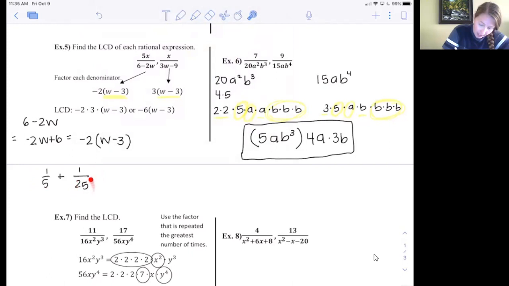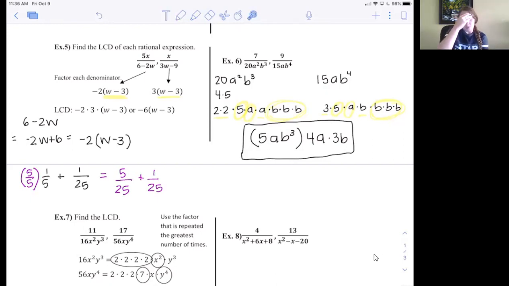This one's 25, so if I multiply this whole thing by 5, the bottom will be 25. So I would multiply this fraction by 5 divided by 5, which gives me 5 over 25 plus 1 over 25. Now I can add them together. That's kind of what we're doing, just with variables and a little more complicated.